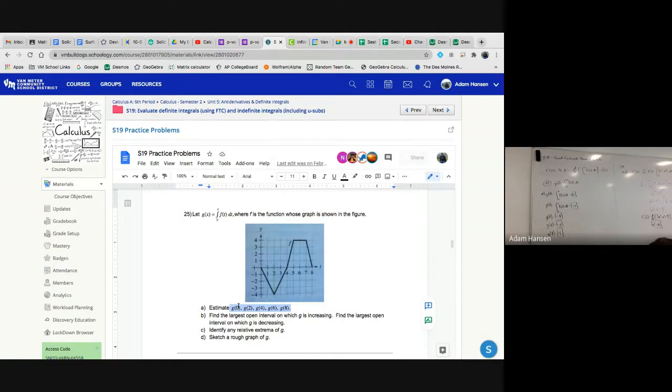That kind of leads into the next question. What x values are the intervals on which g is increasing or decreasing?